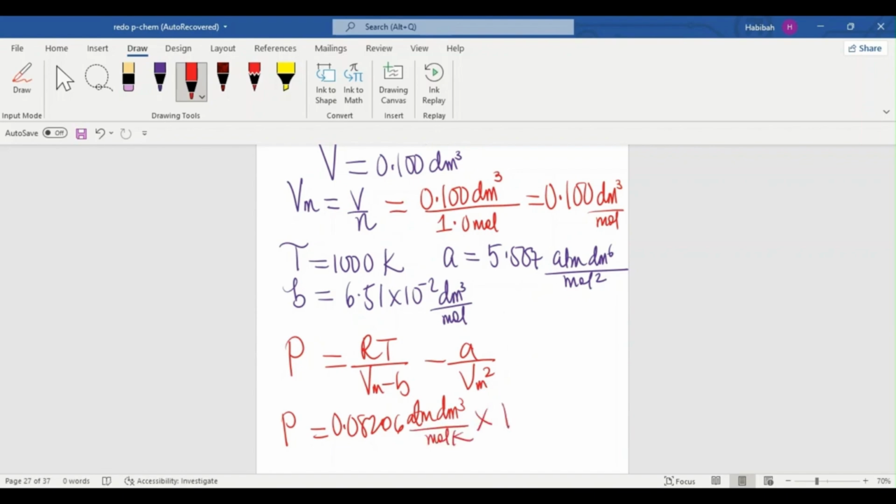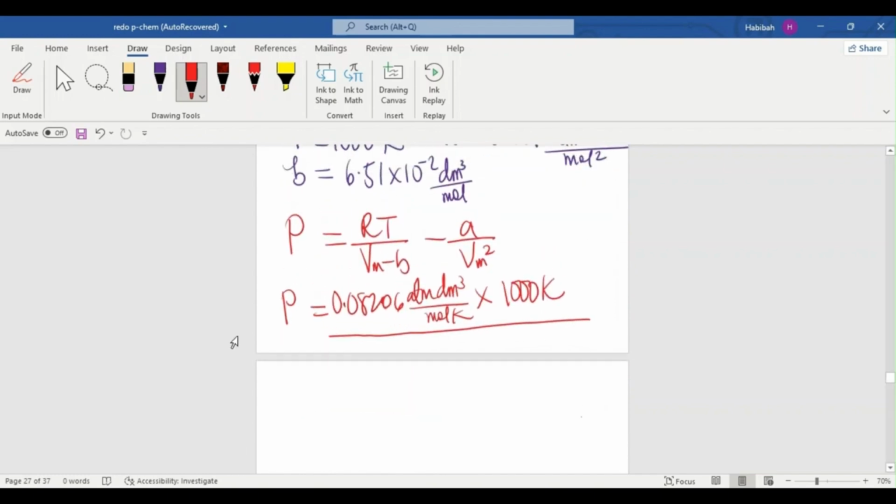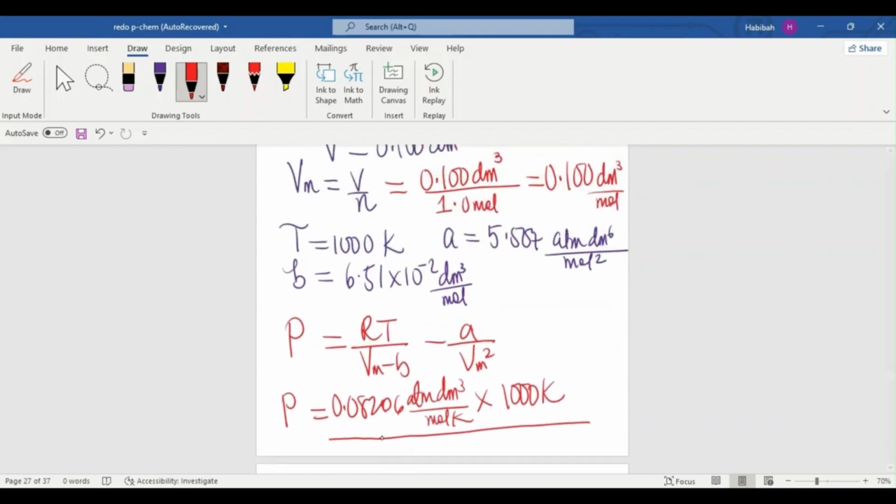We have our temperature to be 1000 Kelvin. All of that information divided by Vm minus B. So the molar volume, we know that to be 0.100 dm cube per mole, minus B, which is just 6.51 times 10 to the power of negative 2 dm cube per mole. So yeah, that's the first part.